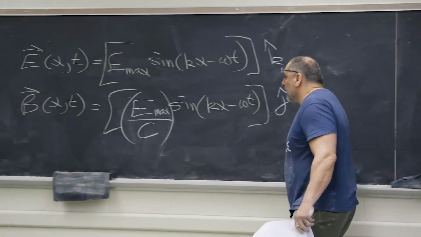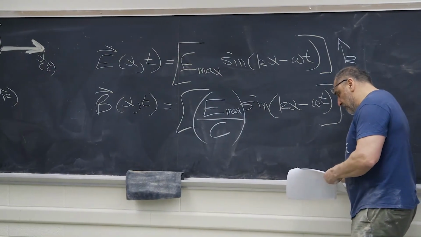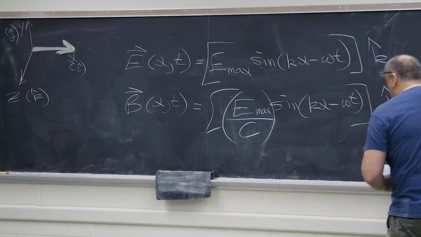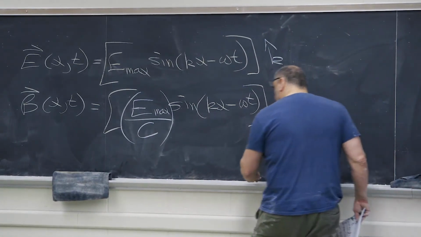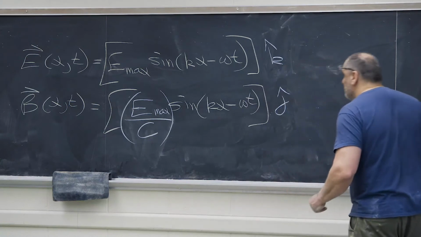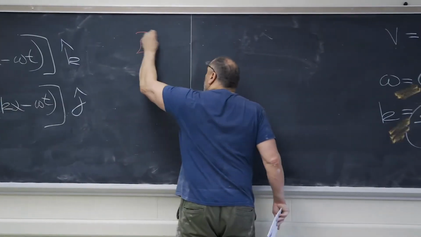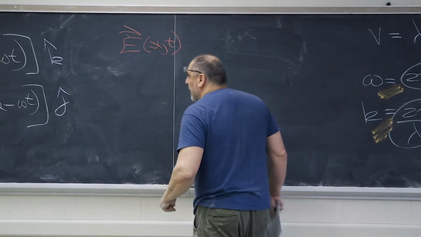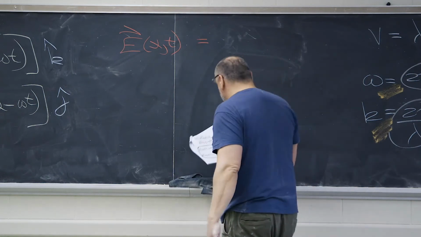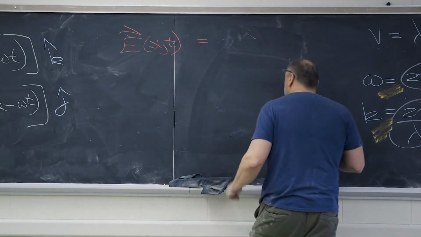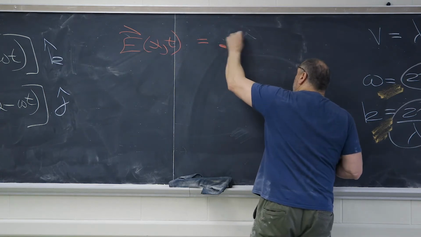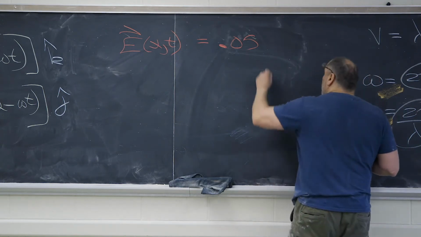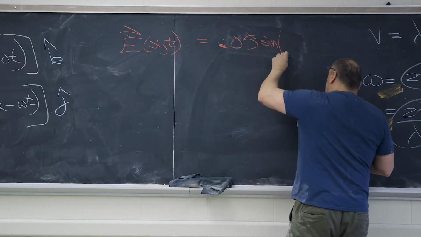Plug in the values. Let's make sure we're all on the same page here. They told you a bunch of stuff. We could write it down. It's going to be a little bit of a mess, but we can do it. They already told me that E max was 0.05 volts per meter. That's E max. Sine of a real long expression, but let's get it.